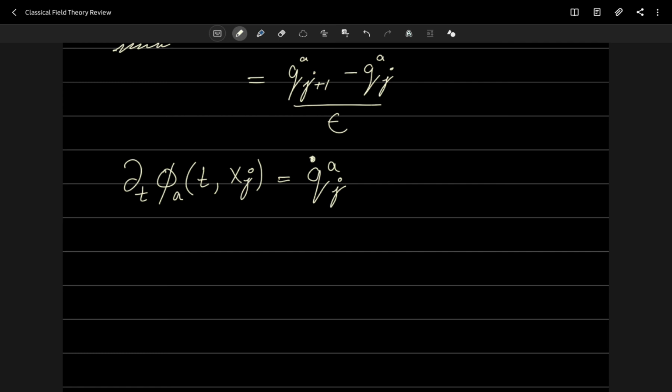Now to obtain the Lagrangian, we have to integrate the density over the space, such that only the time dependence is left over.